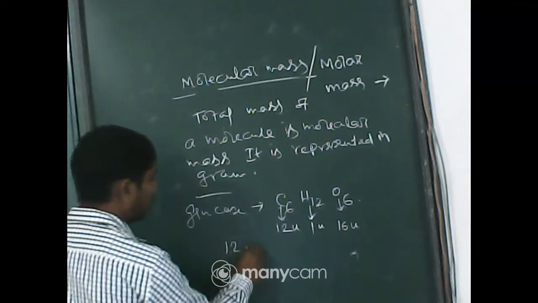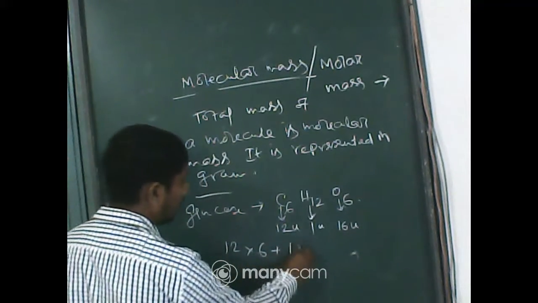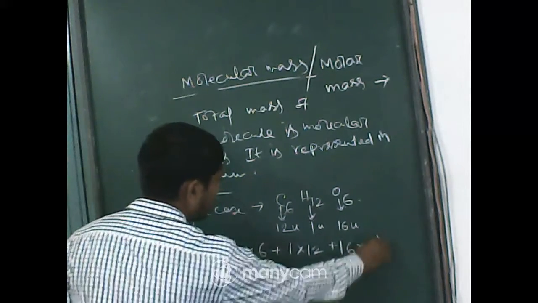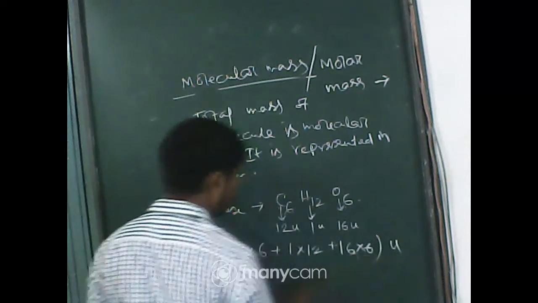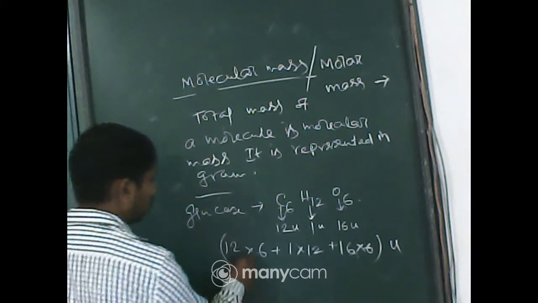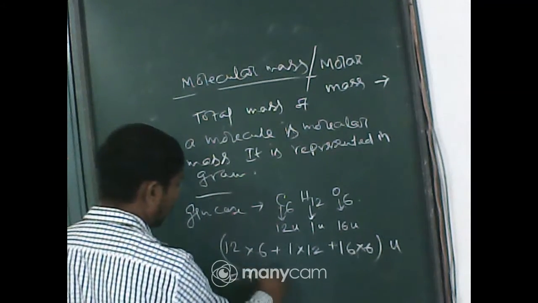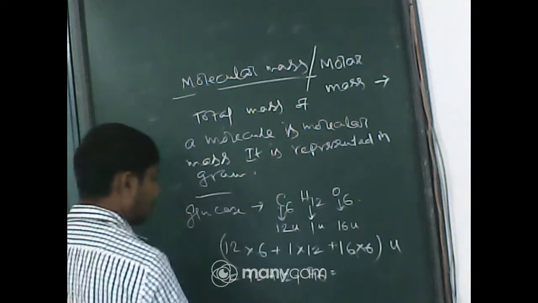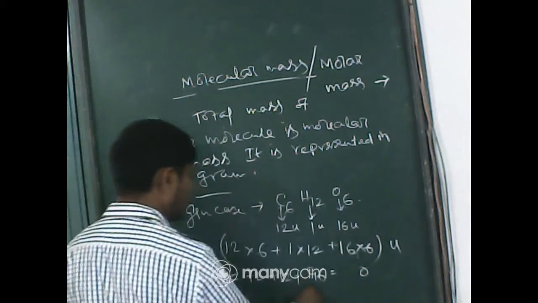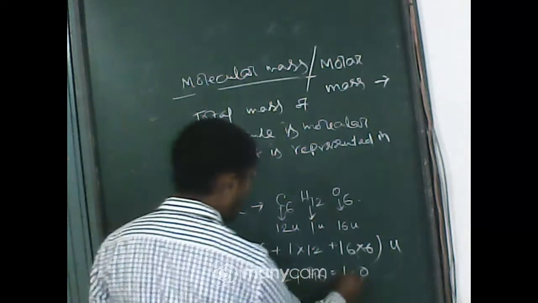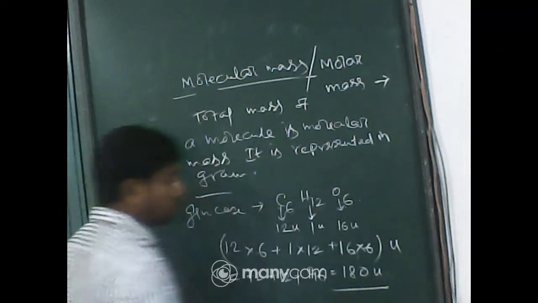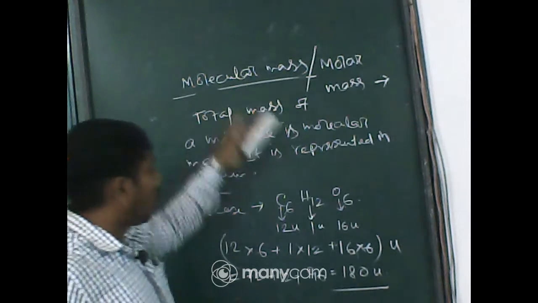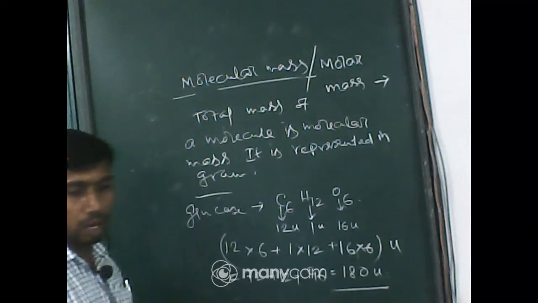Now 12 into 6 plus 1 into 12 plus 16 into 6, overall U, that is equal to 72 plus 12 plus 96, 180U. Okay. So the molecular mass of glucose is 180U.